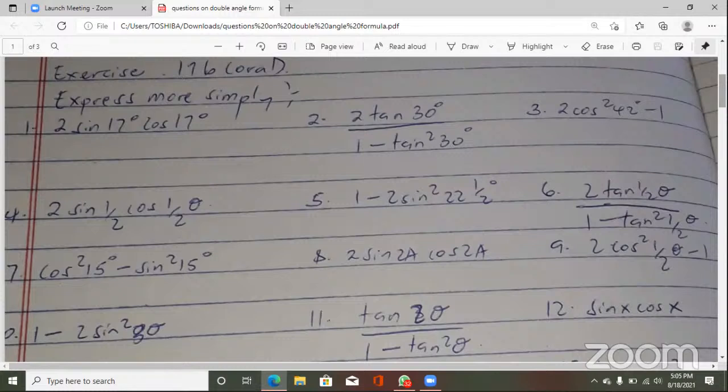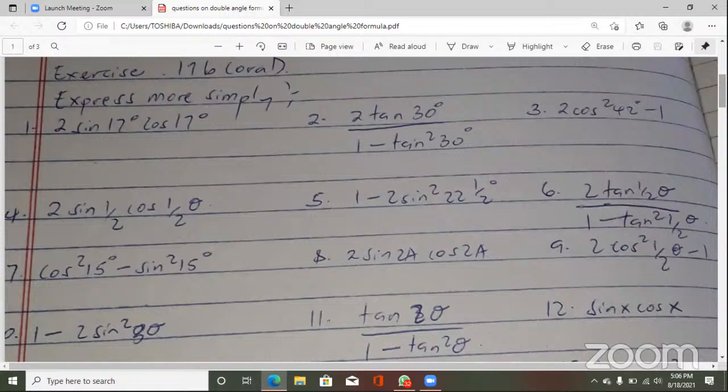So what would that one be equal to? It would be 2 cos 17 degrees sine 17 degrees. We are getting 0.5.